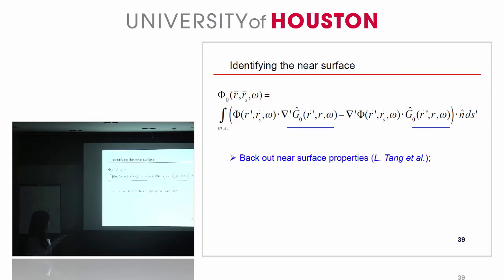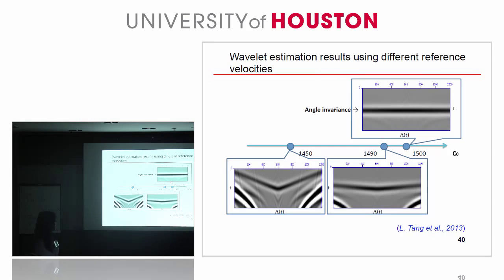The first is my colleague Lin, who used some invariants to back out the near surface properties. And here is one piece of Lin's work. Here we assume the reference wave is a convolution of the wavelet and the Green's function in the reference media. So as long as we can separate the reference wave, we can estimate the wavelet by using the reference wave.